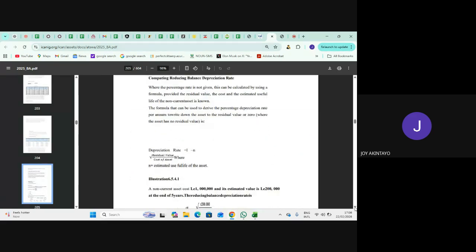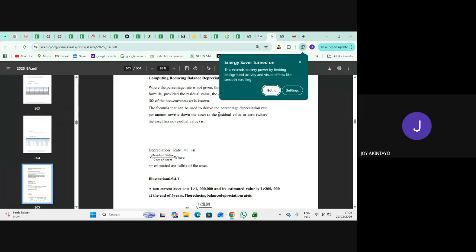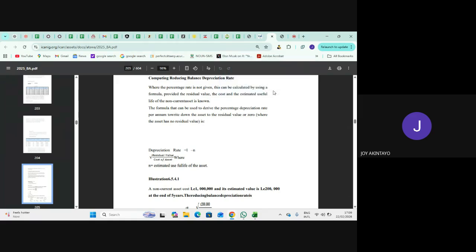So for us to know the depreciation rate for the reducing balance method, this is the formula we use. That is 1 minus the nth root of residual value divided by the cost of the asset. So we will be able to determine our depreciation rate for the period.